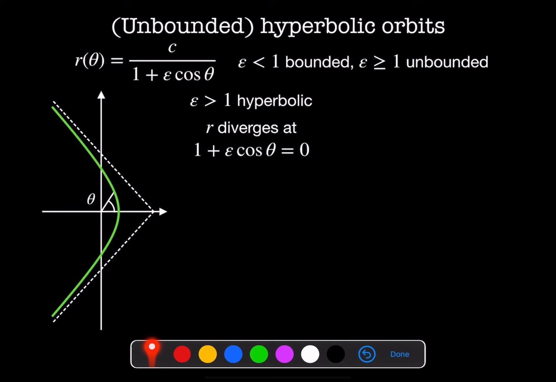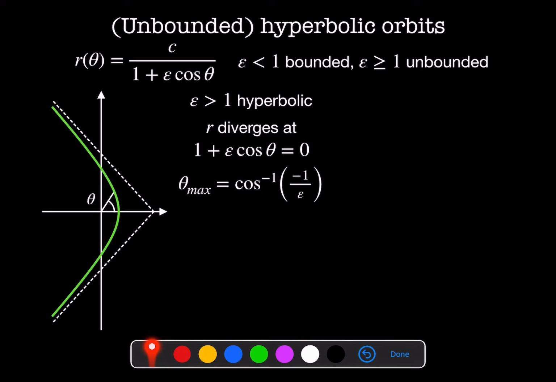That gives us theta max is equal to the inverse cosine of minus 1 over epsilon. So what's happening here is that as we go through the orbit, the radius here is asymptotically approaching some straight line along here, and that's what defines this as being a hyperbolic orbit.